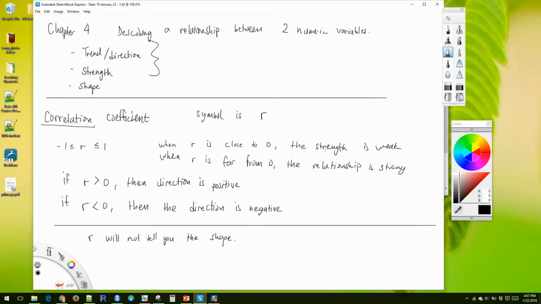But our interpretation about strength and direction only makes sense if the relationship is linear.